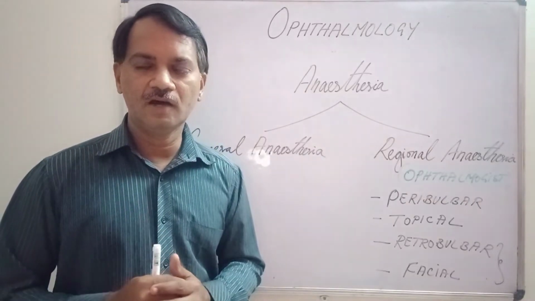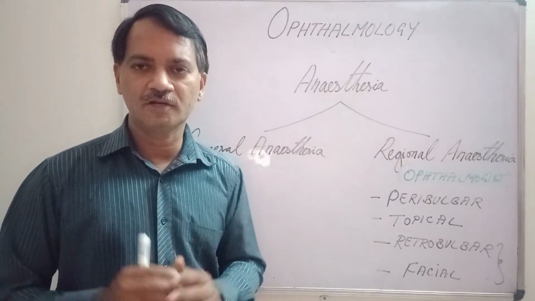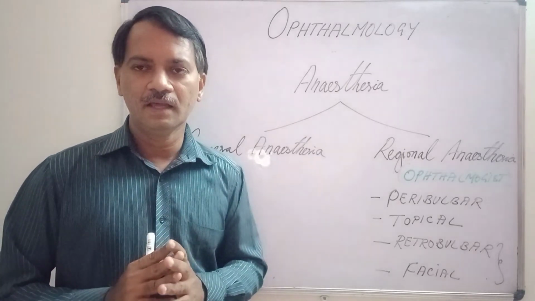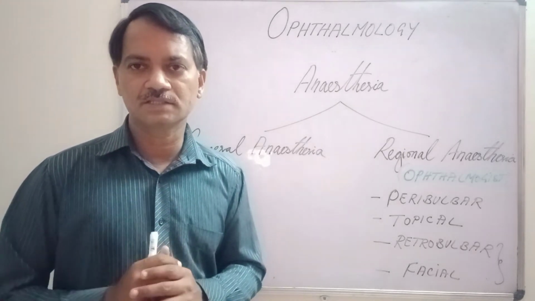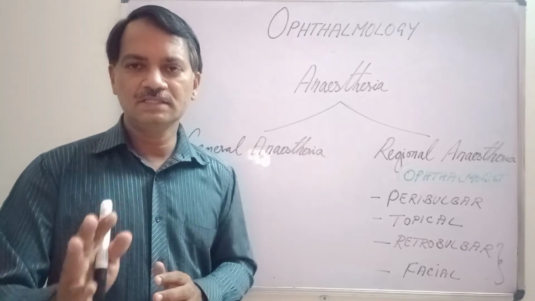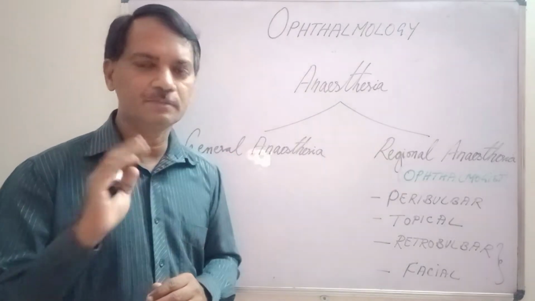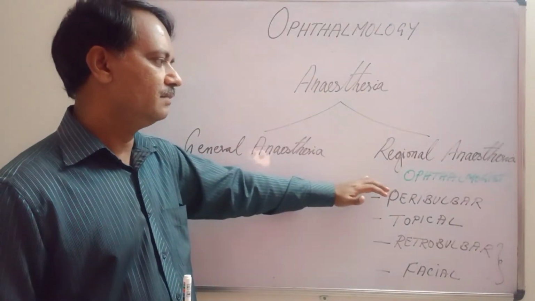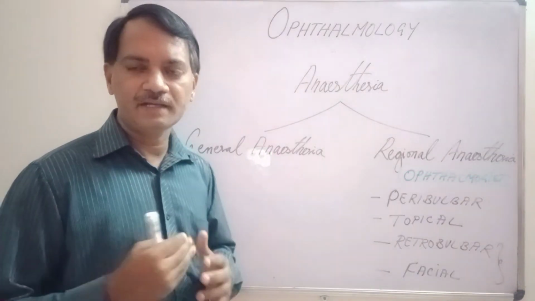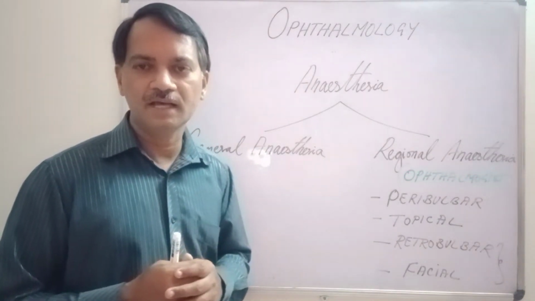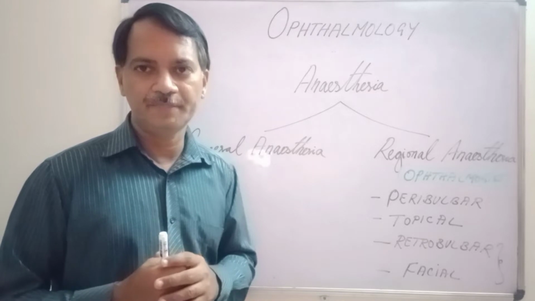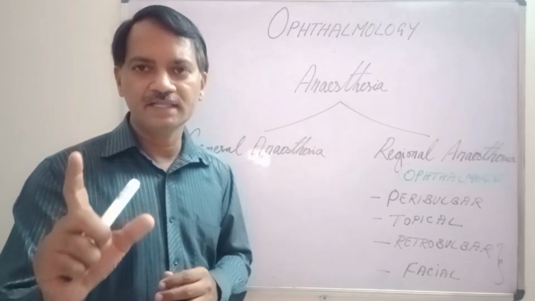Regional anesthesia or local anesthesia is the commonest anesthesia given in ophthalmic surgeries. This anesthesia is usually administered by an ophthalmologist because we don't expect much problems in the physical condition of the patient in case of regional anesthesia.